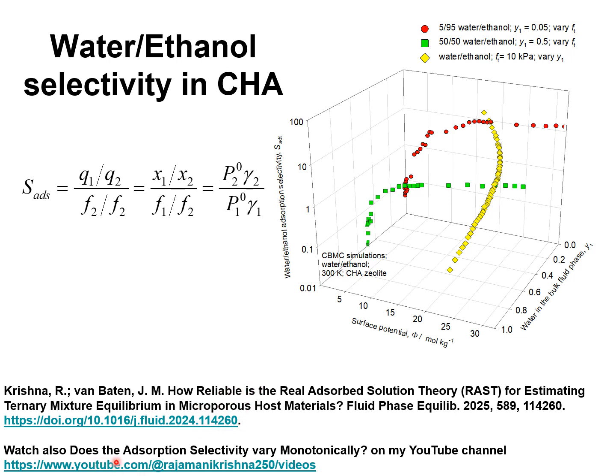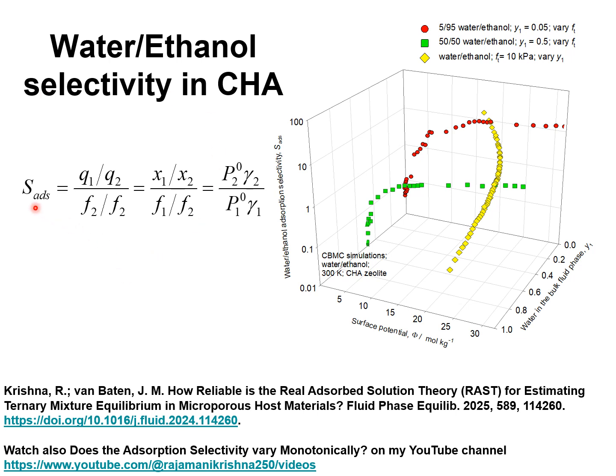Watch also my presentation, Does the Adsorption Selectivity Vary Monotonically? No maxima in the adsorption selectivity versus surface potential, or adsorption selectivity versus the bulk fluid phase mixture composition, are to be observed and detected.